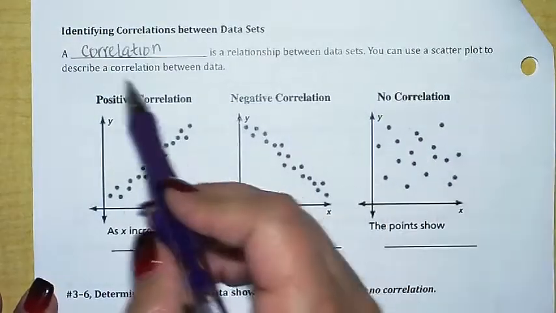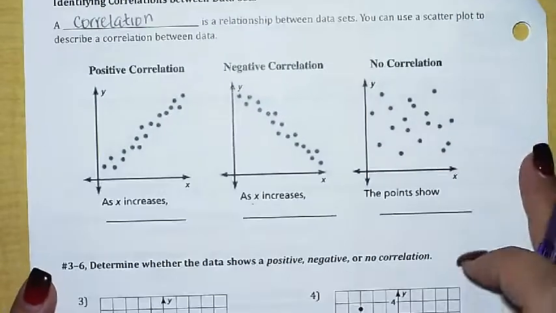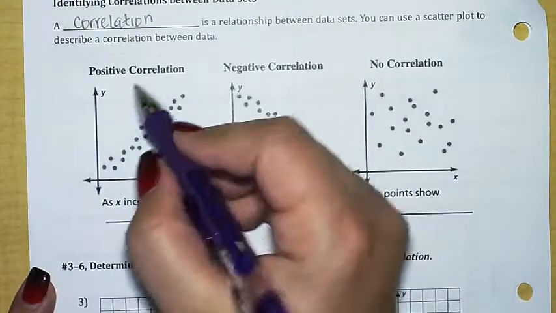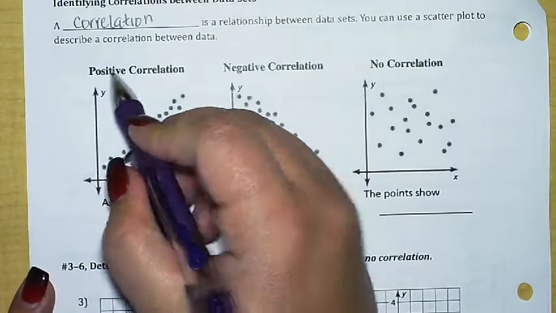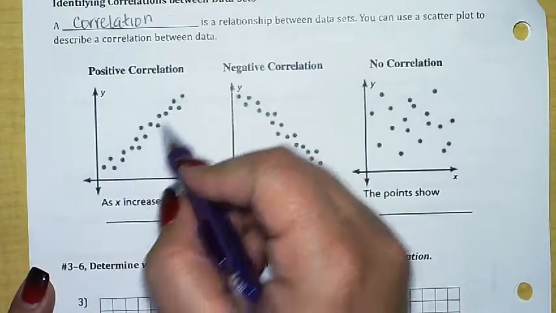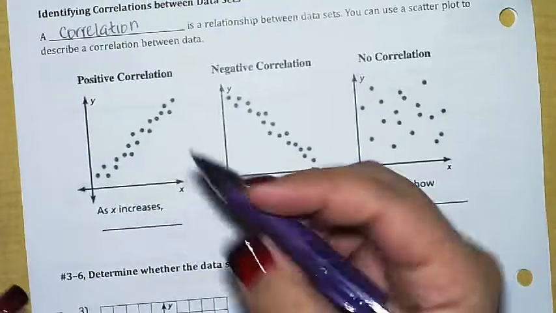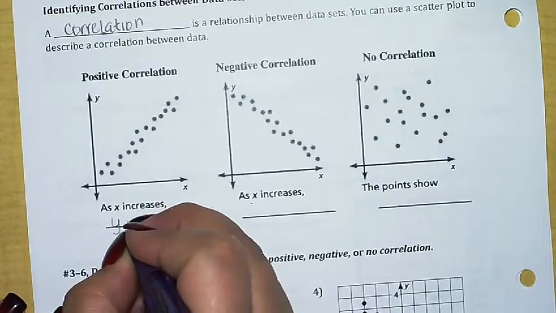You can use a scatter plot to describe correlations between data. This is similar to the two examples we just saw. We consider a correlation to be a positive correlation if you notice that as X increases in your points, Y also increases.